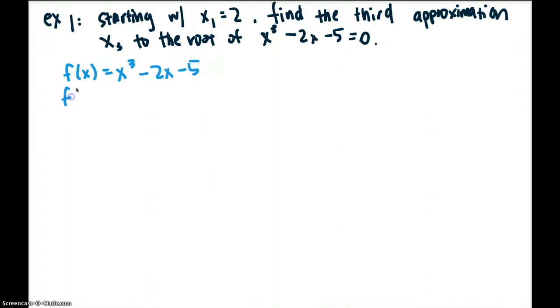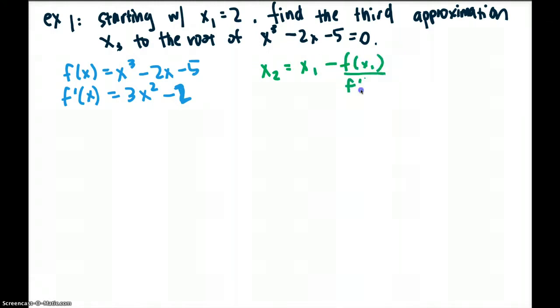And then we need to find the derivative, which is 3x squared minus 2. Now, x sub 1, the very first one, is going to be 2. So x sub 2 is going to equal x sub 1 minus f of x sub 1 all over f prime of x sub 1, which will give me 2 minus f of 2 all over f prime of 2.